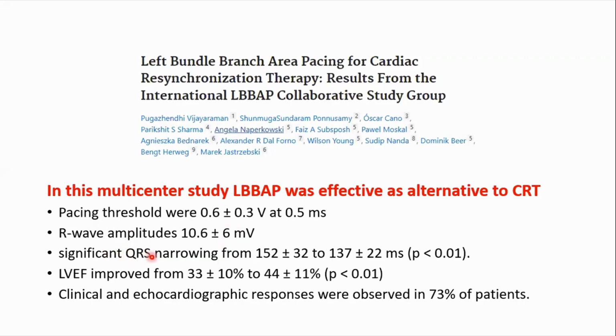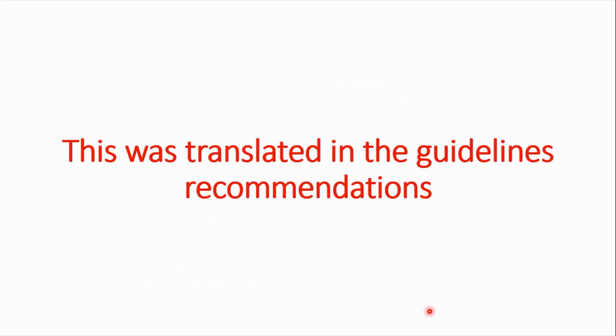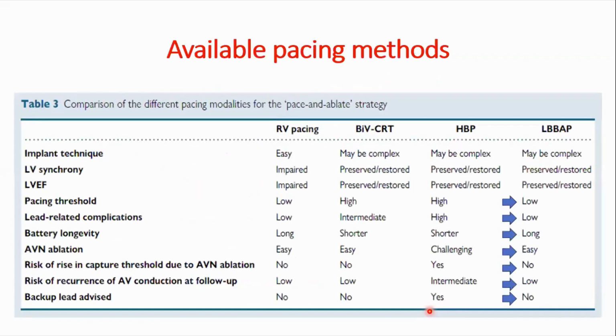There was a significant QRS narrowing, and ejection fraction improved from 33% to 44% plus or minus 11%. This is actually very promising, with clinical and echocardiographic responses observed in 73% of patients. And actually, this was translated in the guidelines.